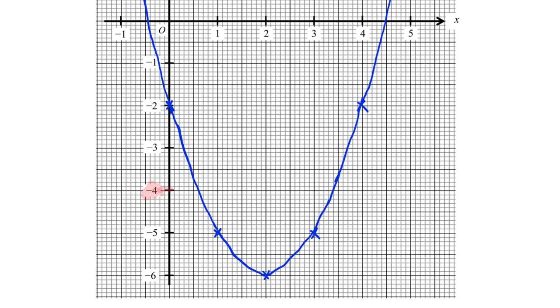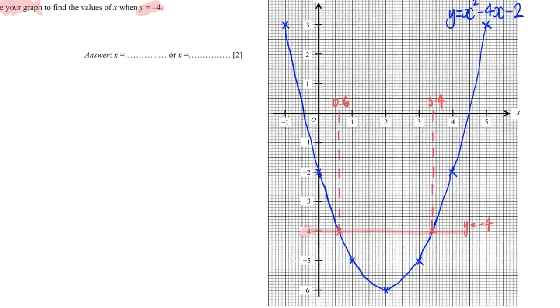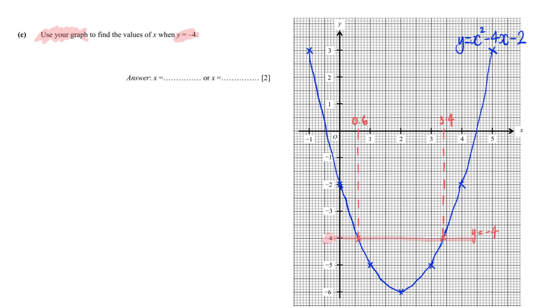And at this point, where y equals -4, what is my x on this particular graph? And I found 0.6. And I also have another answer as 3.4. Okay? And therefore, the answer to this question would be 0.6 and 3.4.